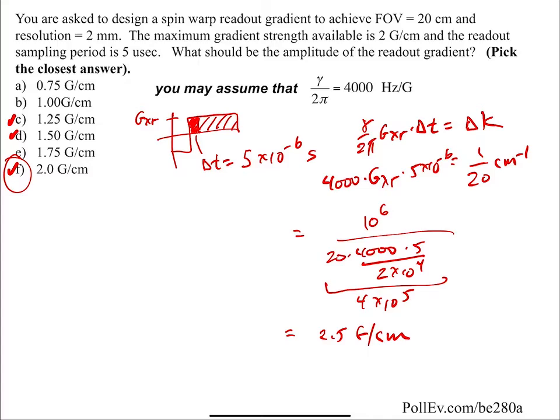I wanted the same resolution, right? And I made my FOV larger, right? So what would I need to change then? Would I have to acquire more samples in k-space or fewer? More, right? Because I'm making my delta k smaller, but my width is the same to keep the resolution the same, so I'm going to have to take more samples in k-space.